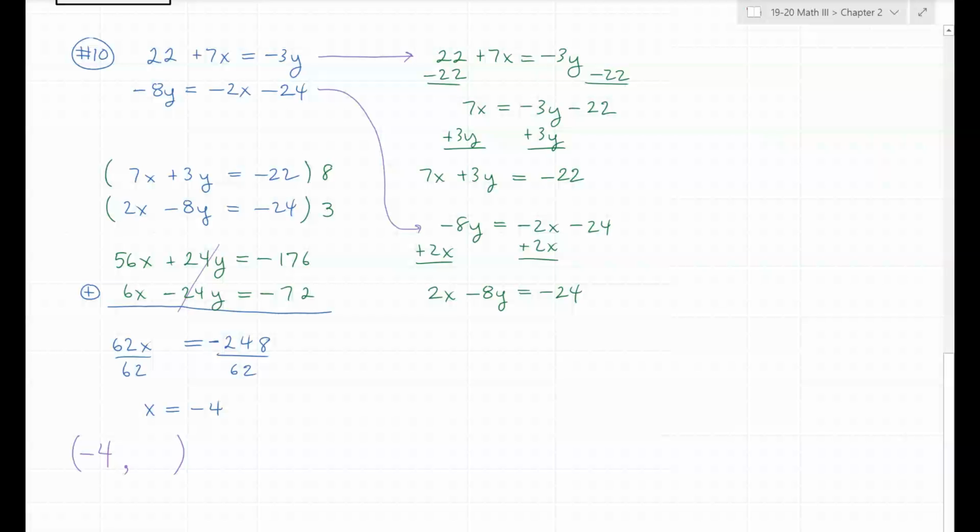I'm going to plug in negative 4 into one of these equations, either this one or that one. Okay? I mean, you could also pick this one, or you could also pick this one or that one, to be honest with you. You could do any of those 6. But sometimes when you already multiply out, the numbers get bigger and bigger and bigger.